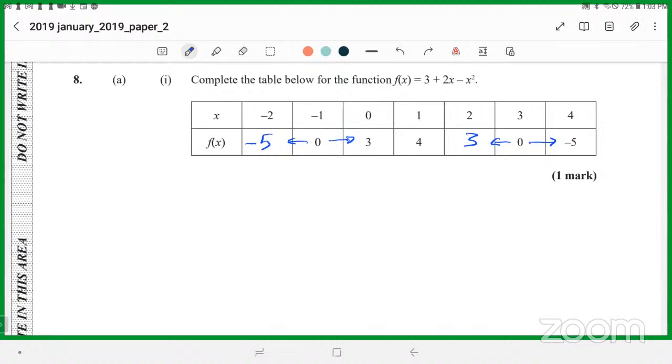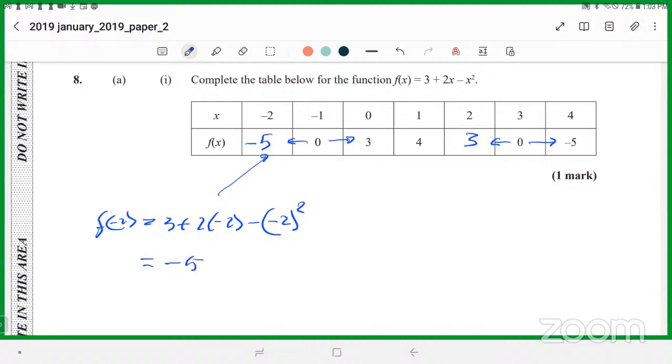I don't know why I do so much calculation for 1 mark. To get this one by calculation, you calculate f of -2, which is 3 plus 2 times -2 minus -2 squared. It will work out to be -5 just the same.